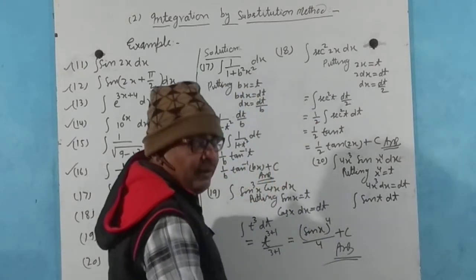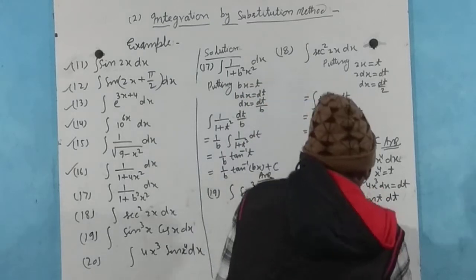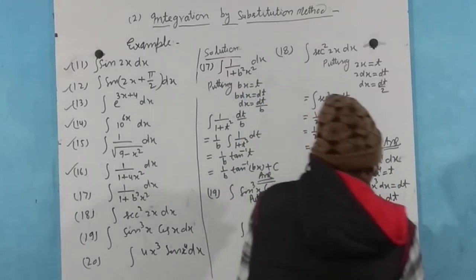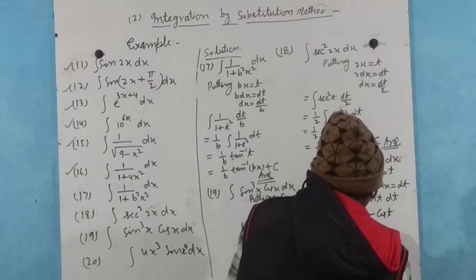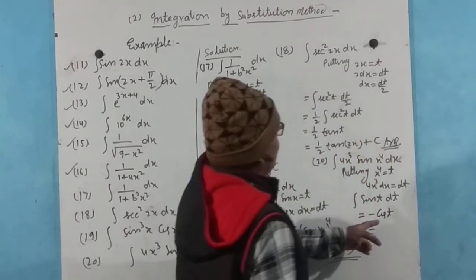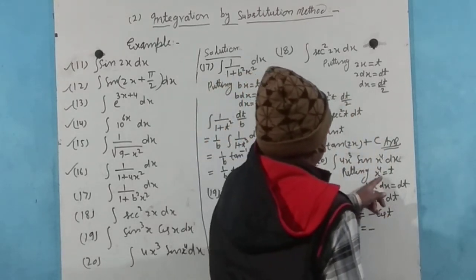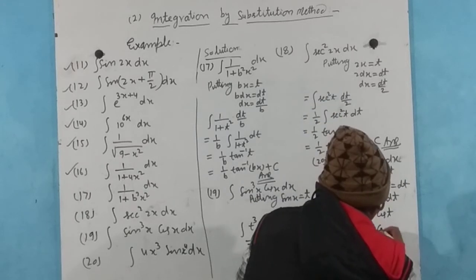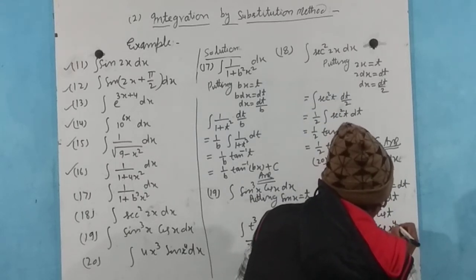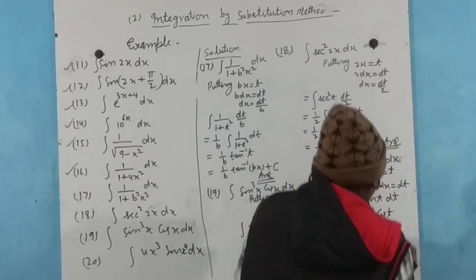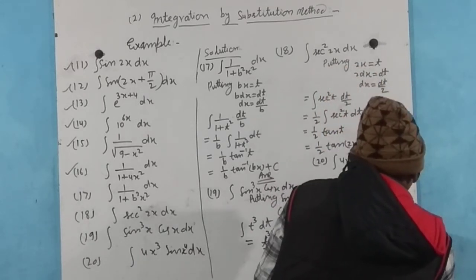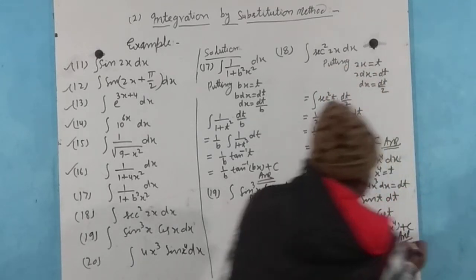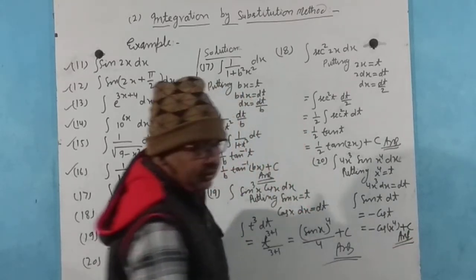Now integration of sin t equal to minus cos t, and putting the value of t equal to x to the power 4, minus cos x to the power 4 plus integrating constant c. This is our answer.